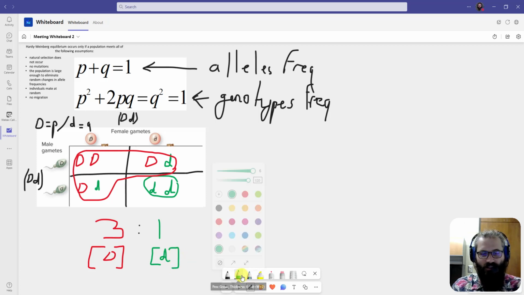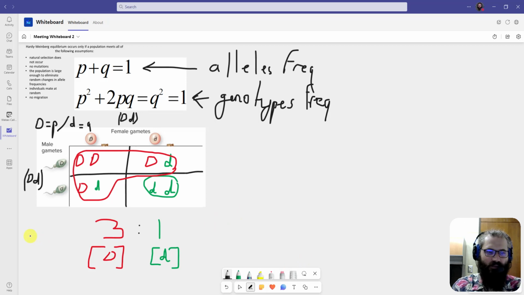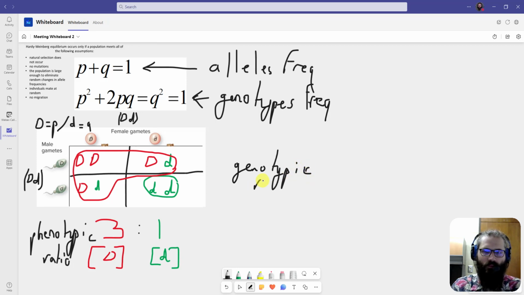Now if you look at the genotypes, and I will say phenotypic ratios here. And if I'm looking at genotypic ratios, what I have is homozygous dominant D, and I will put it in parentheses.